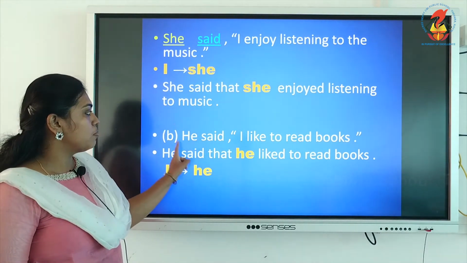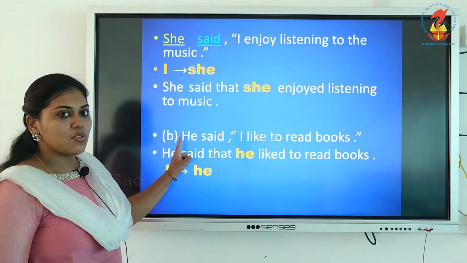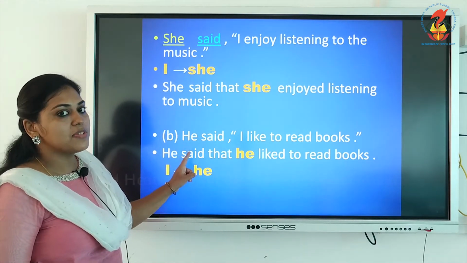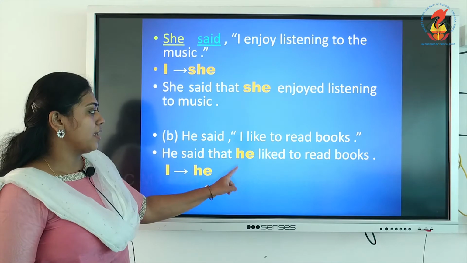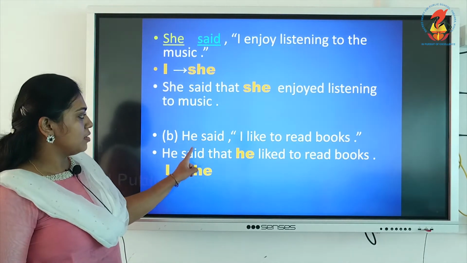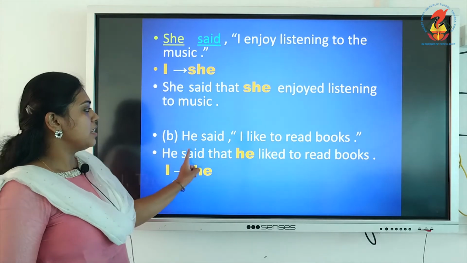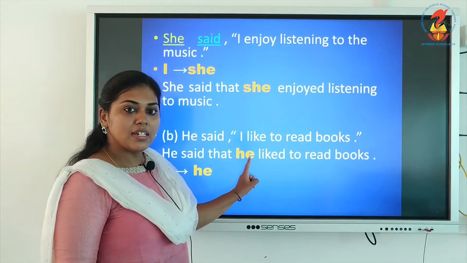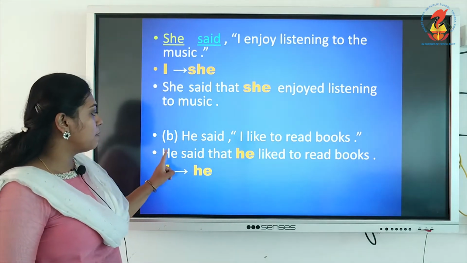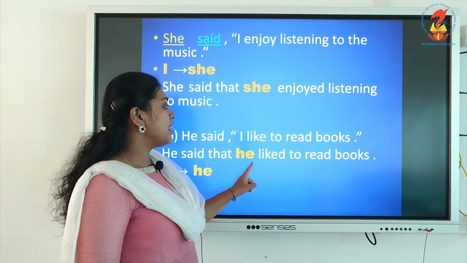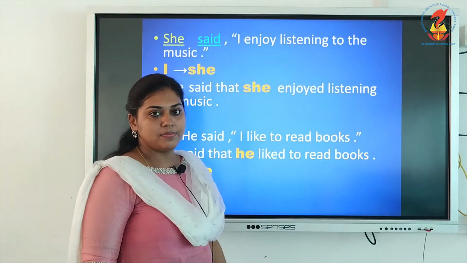What is the subject of the reporting verb? He is the subject. So, we have to use the same person or same gender instead of I. So, the same gender, he, it is a male gender. We replace I with he. Okay. So, the sentence would be, he said that he liked to read books.